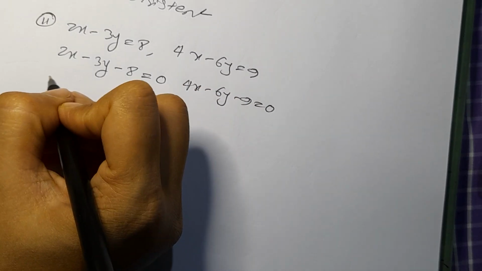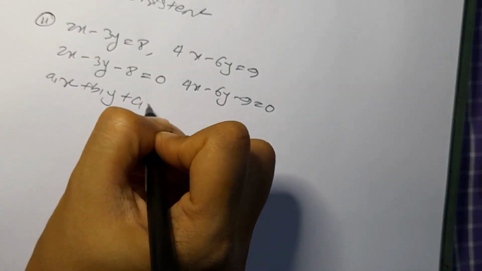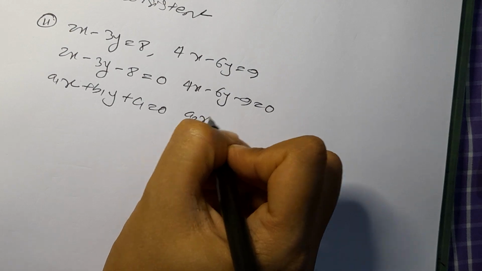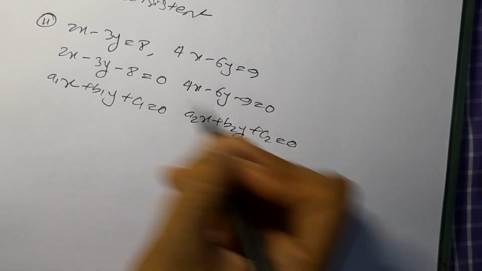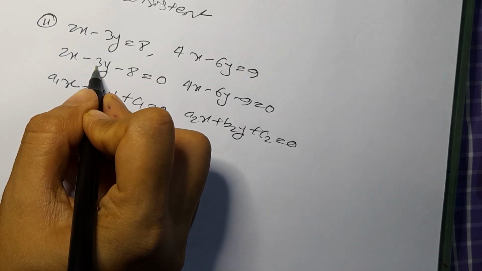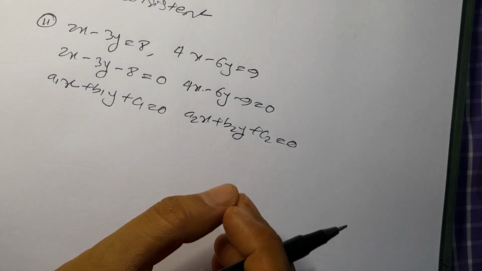Now compare with the equations a1x plus b1y plus c1 equal to 0 and a2x plus b2y plus c2 equal to 0. Comparing them, you will get the values of a1, a2, b1, b2 and c1, c2.